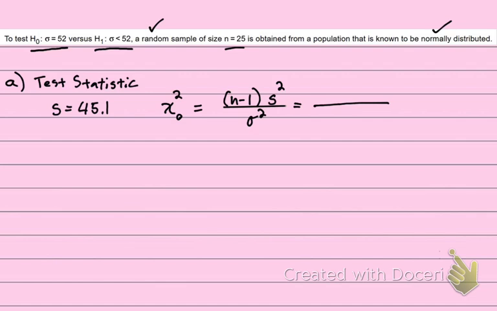N minus 1, n is 25. S squared. Now, we know that S is 45.1. So we have to take that 45.1 and we're actually going to square it. And then it's all over our sigma squared, which was also given to us as 52.